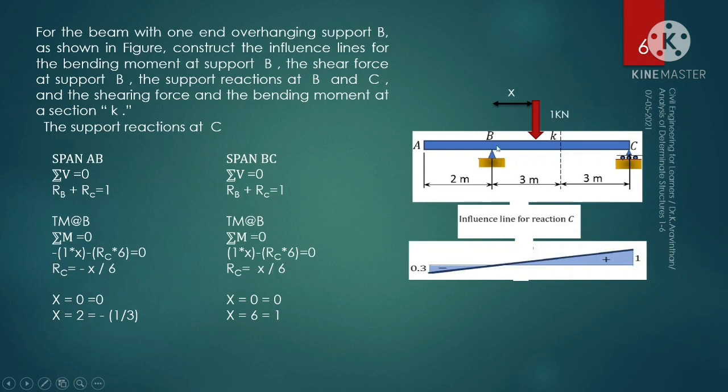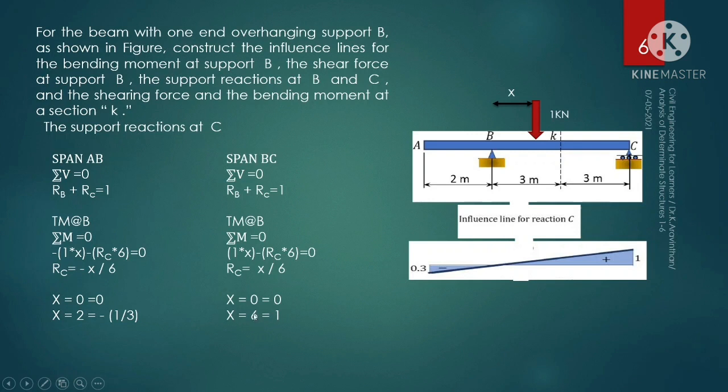If I substitute x equal to 0, from here the x originates. So if I substitute 0, I will get the value at the point B. So if I substitute x equal to 0, 0 by 6 is 0, which has to be taken here. And if I substitute from here, the point C is 6 meter.